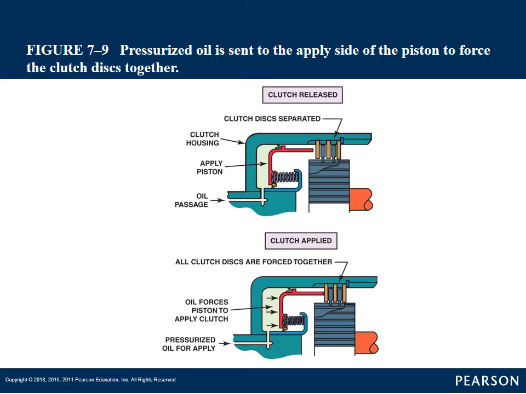Here's a good picture of how a clutch pack works. As you can tell, on the inner part of that is some sort of gear or one-way clutch, which we'll talk about here in a minute. And the fiber clutches, the friction clutches, are splined onto that on the internal grooves, where the steel plates are splined into the drum itself.